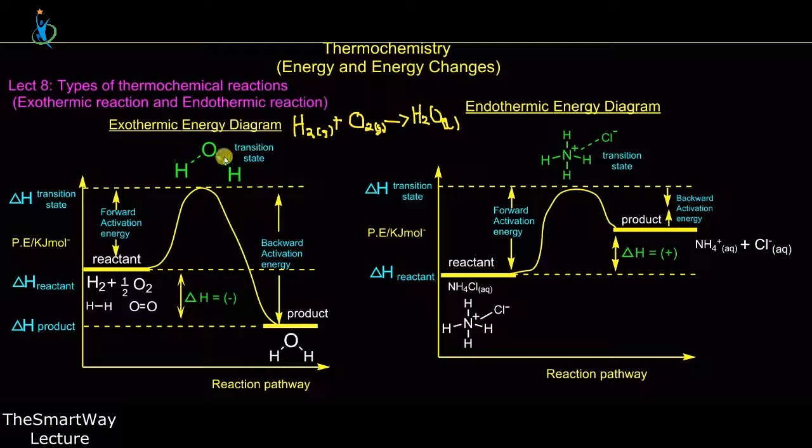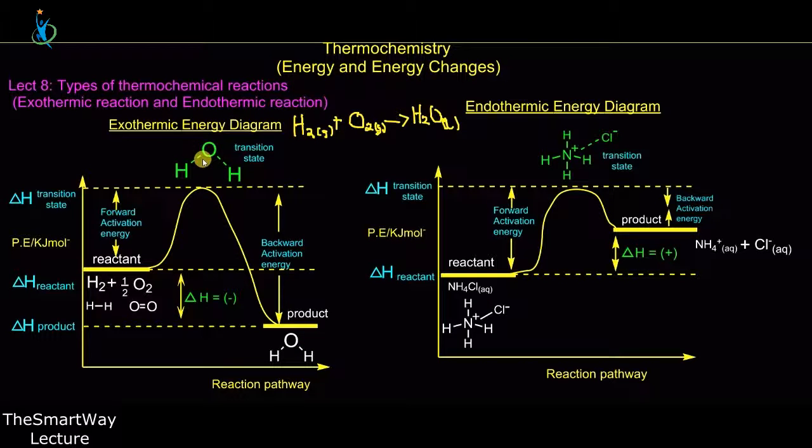As these atoms are combining to give you the product, from the transition state, they tend to lose the energy that was acquired in the first process. So in the formation of the product, the highly energetic atoms lose their energy as they are combining to give you the product.